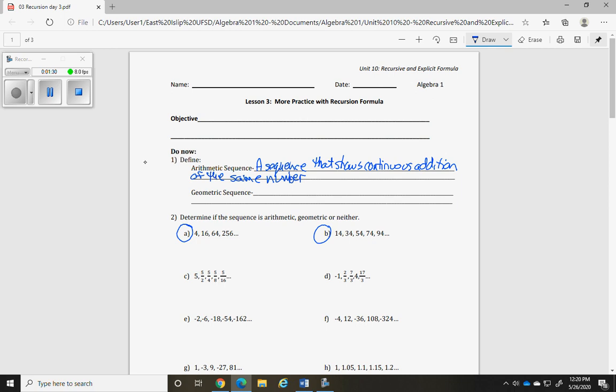We like to say that arithmetic sequences look like linear functions. And then a geometric sequence is a sequence that shows continuous multiplication of the same number, and it represents an exponential function.